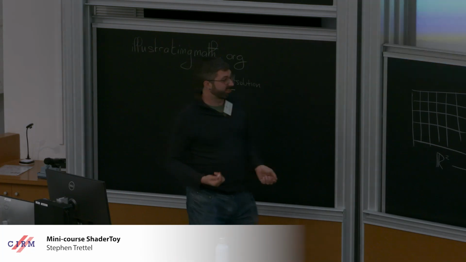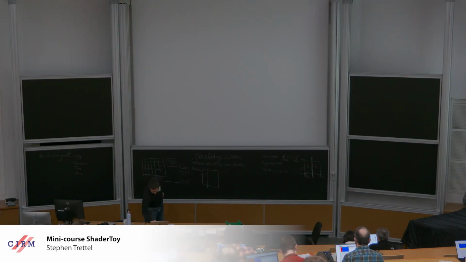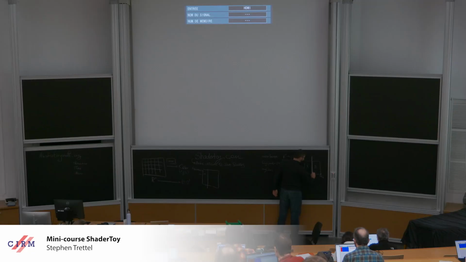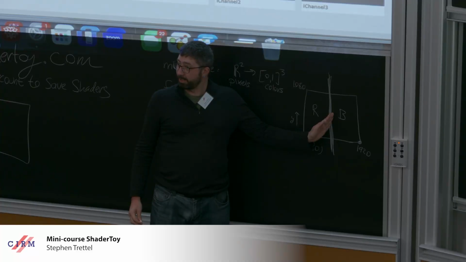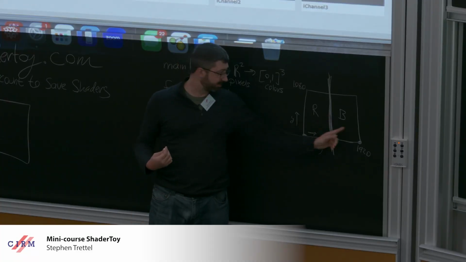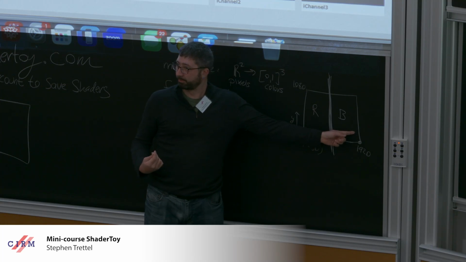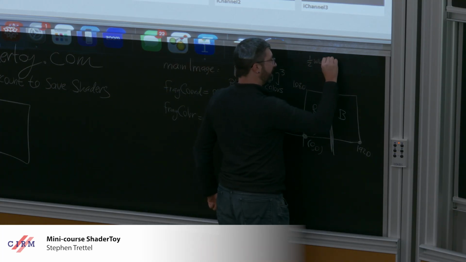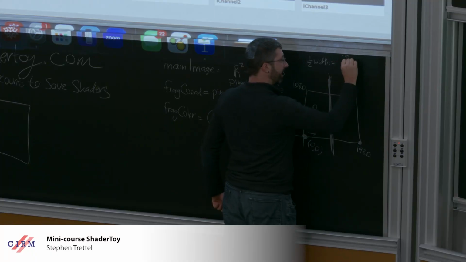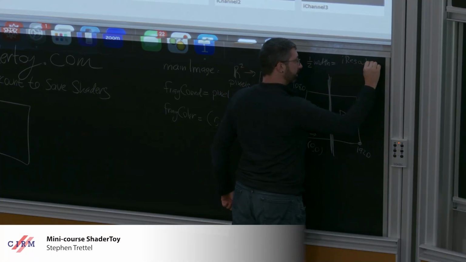But starting with iResolution, oh my goodness, wake up. This line halfway through the screen is when my pixels have reached halfway across, which is now iResolution.x, that's the width of my screen, divided by 2. Half width is iResolution.x over 2.